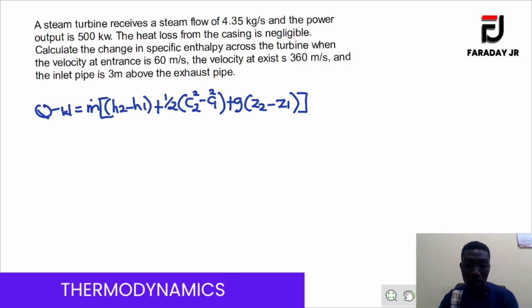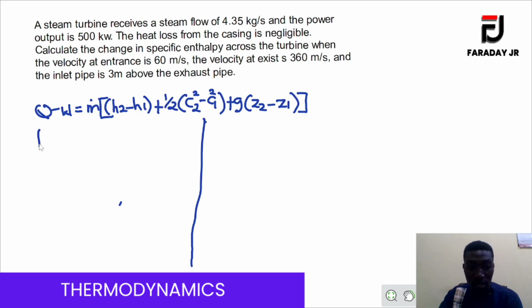Okay, let's start. First of all, let's write our data down. A steam turbine receives a steam flow of 4.35 kilogram per second.